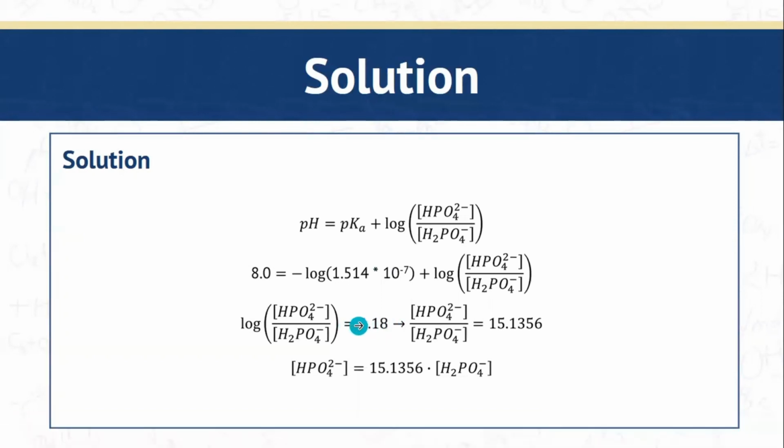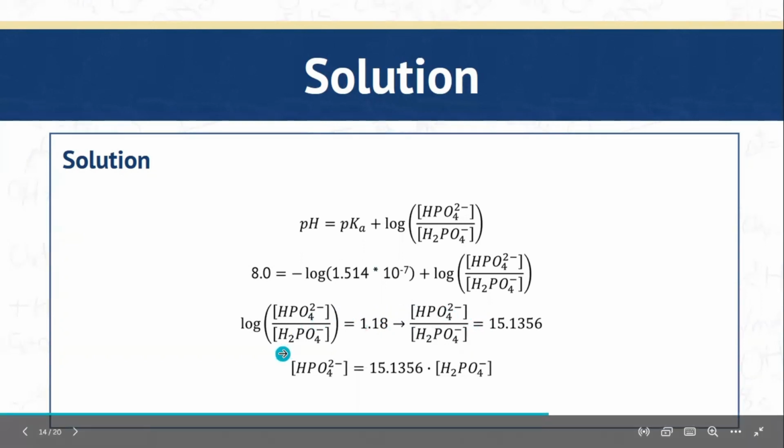Solving for the concentration ratio, we'll get that it's equal to 15.1356. So simplifying, the concentration of the hydrogen phosphate is equal to 15.1356 times the concentration of the dihydrogen phosphate solution.